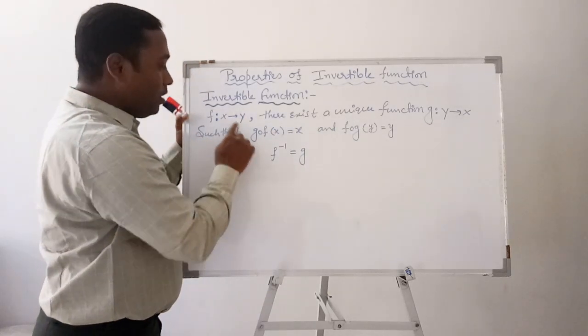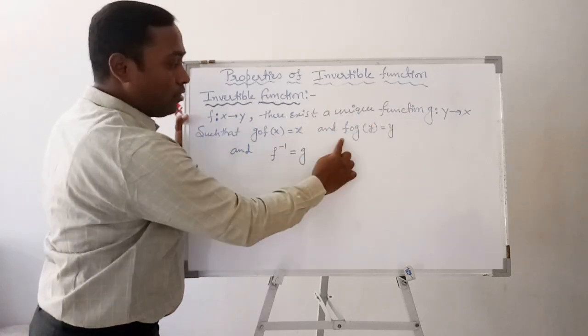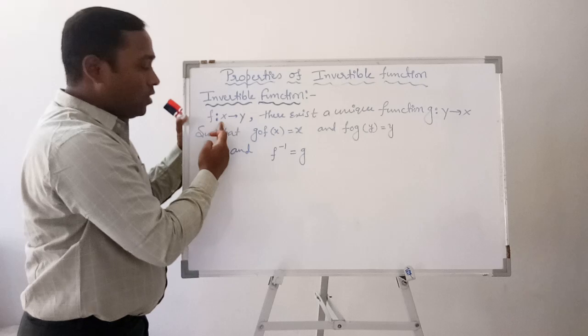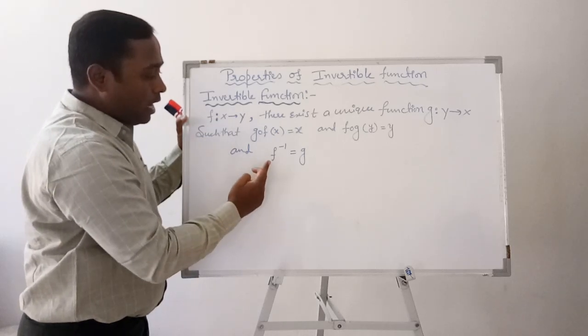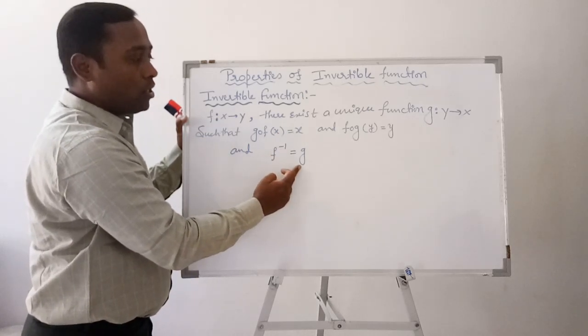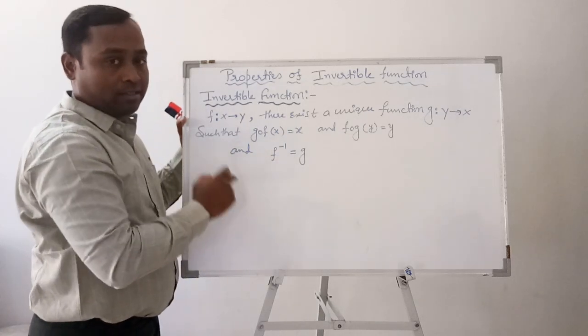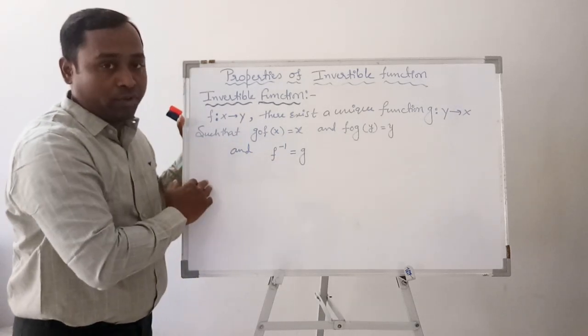If these two conditions are satisfied, then g is called the inverse of f. It is written as f inverse is equal to g.